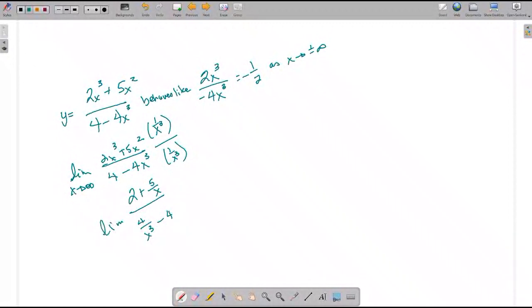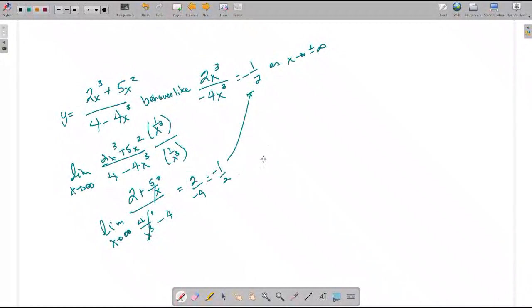And as x goes towards infinity, this term and this term both tend towards 0. So I still end up with that same 2 over negative 4 or negative 1/2 that we noticed.